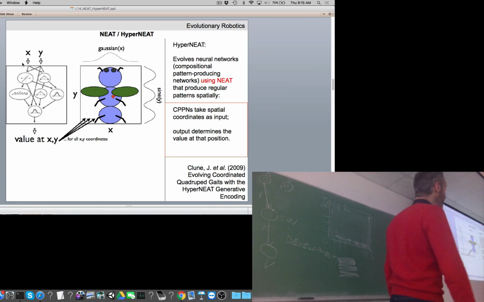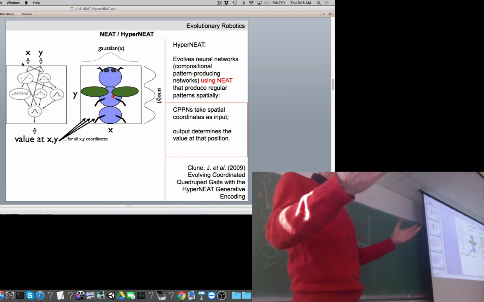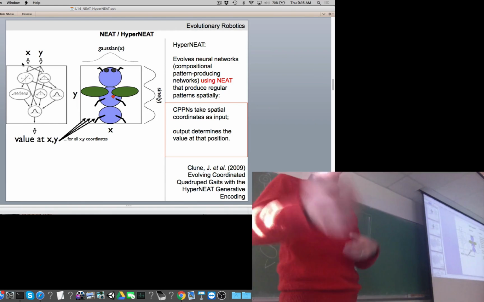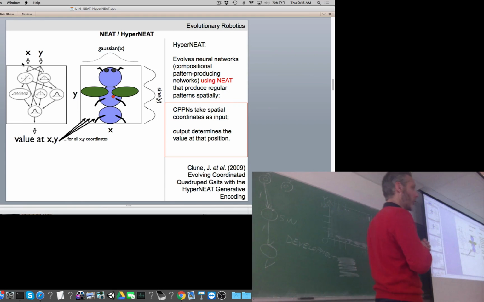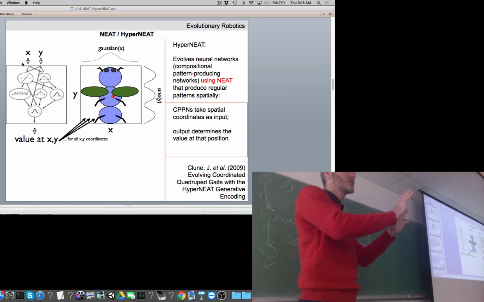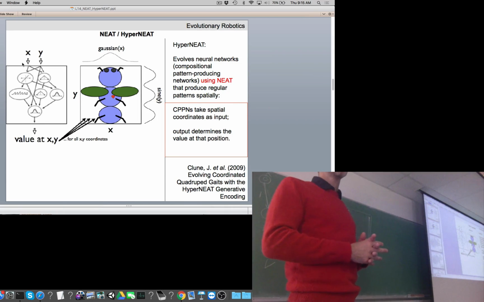The reason why is because, again, we're going to use them in a moment to evolve robots, and we would like robots to not be just some random collection of objects and joints and sensors and motors and neurons and synapses. Like natural organisms, we would like evolution to focus most of her efforts on producing robots that have regular patterns and symmetries and so on.